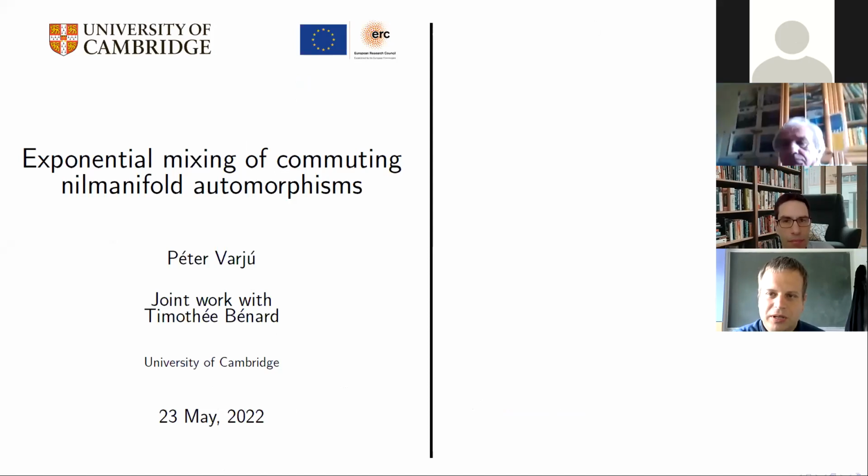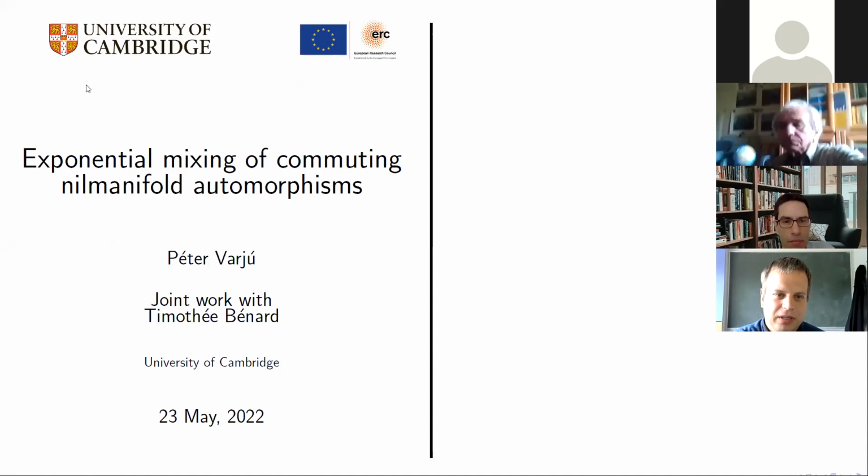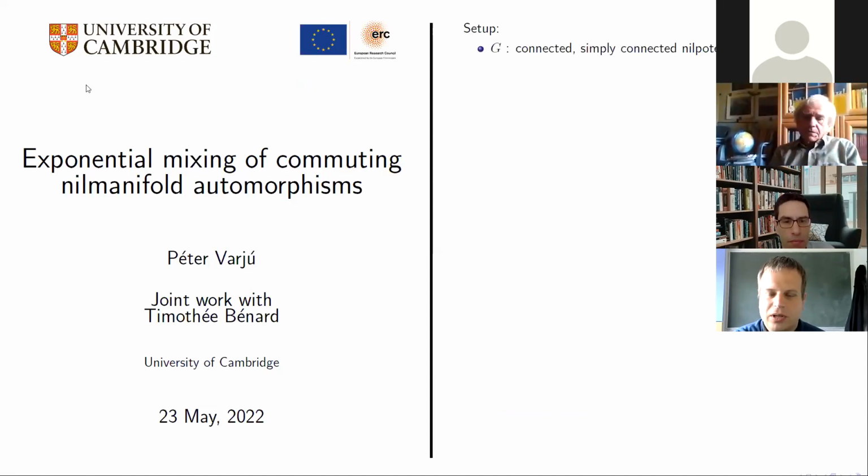So first of all, I will tell you about the setup. So we will have G, which will be a simply connected nilpotent Lie group. From now on, I will always assume that my nilpotent Lie groups are connected and simply connected, and I will not repeat this.